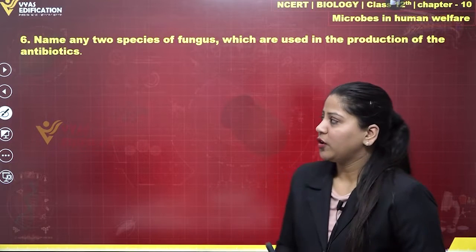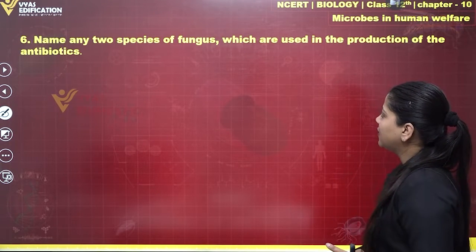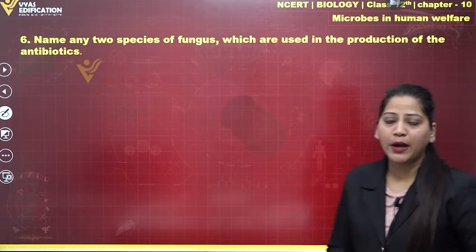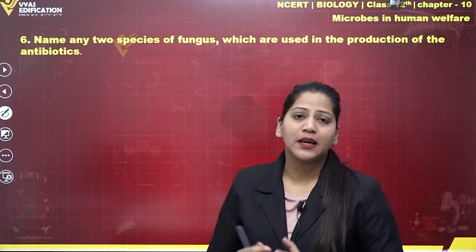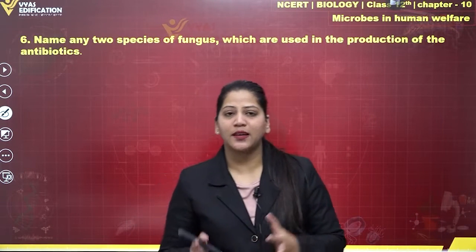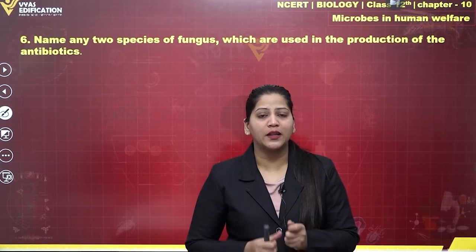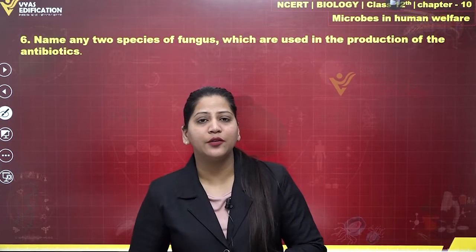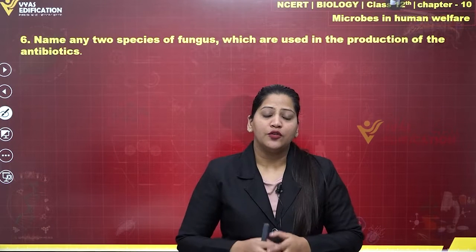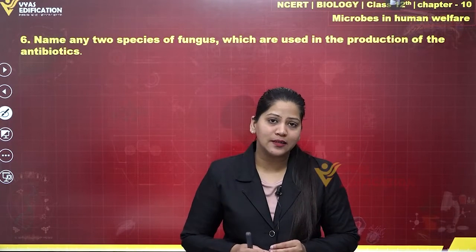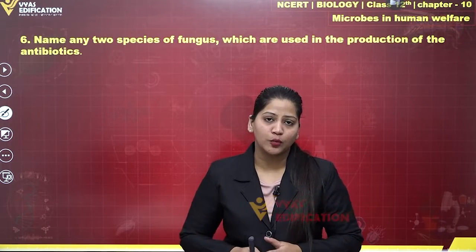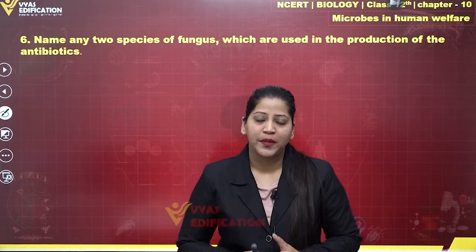Now let's discuss question number 6. Name any 2 species of fungus which are used in the production of antibiotics. We know antibiotics are the chemical substances which are produced by the microorganisms like bacteria and fungi to treat and prevent the diseases caused by other microbes such as bacteria and parasites. Clear?